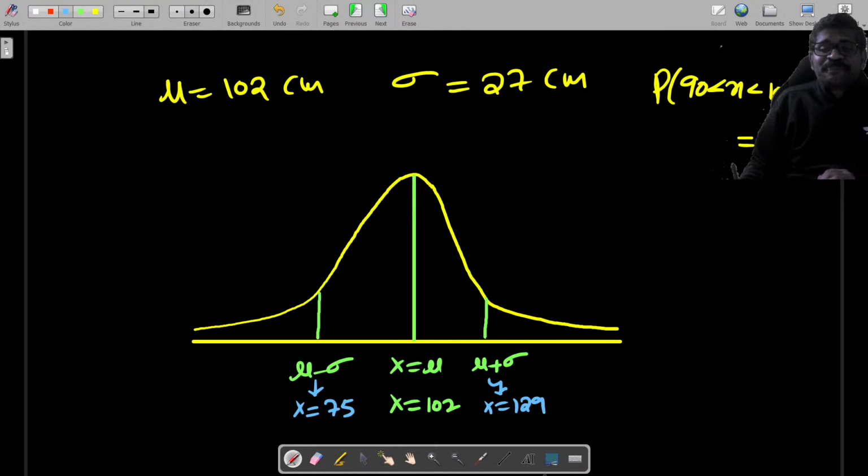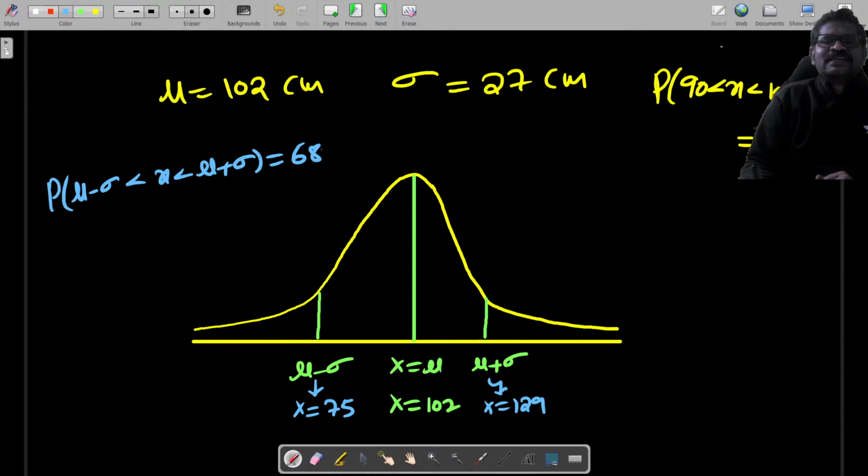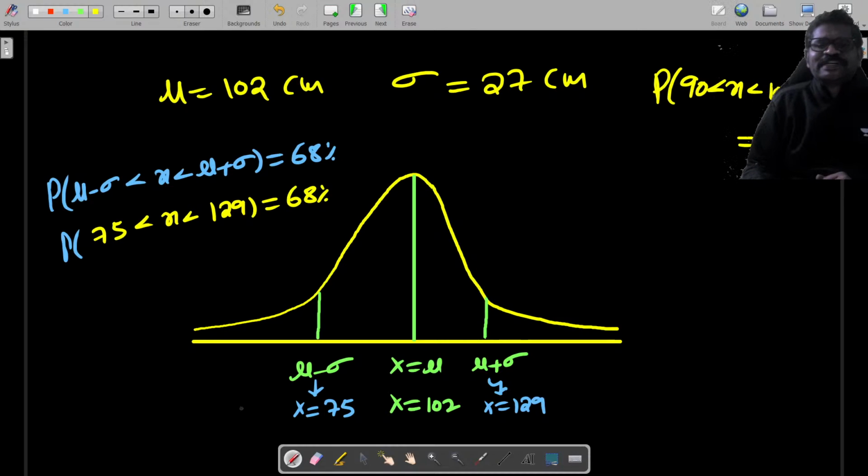Now observe here, we know that the probability of mu minus sigma less than x less than mu plus sigma is 68%. Therefore, in our problem, the probability of 75 less than x less than 129 is 68%.